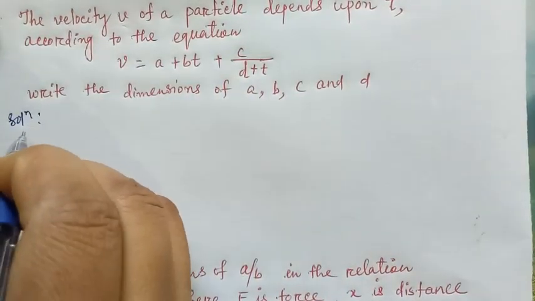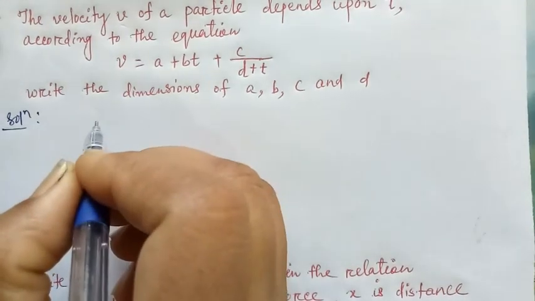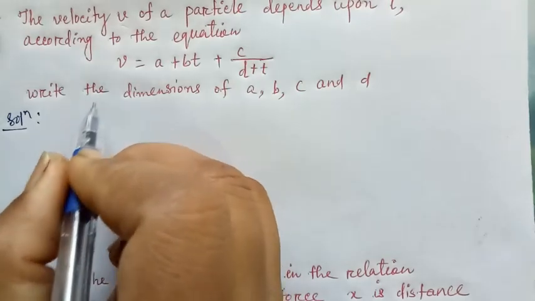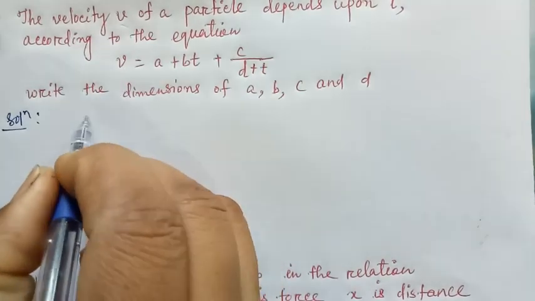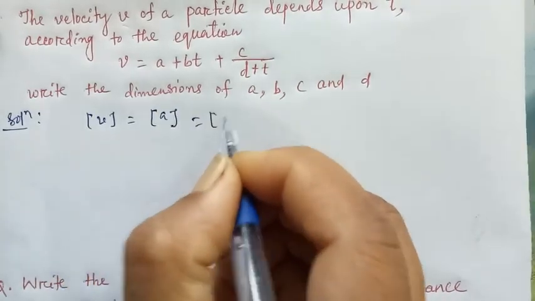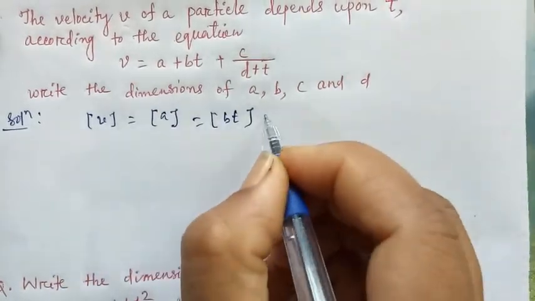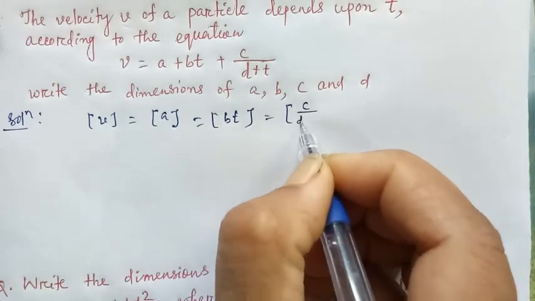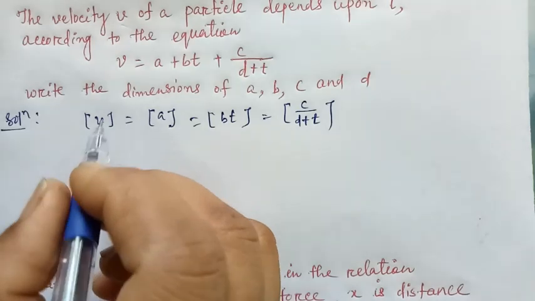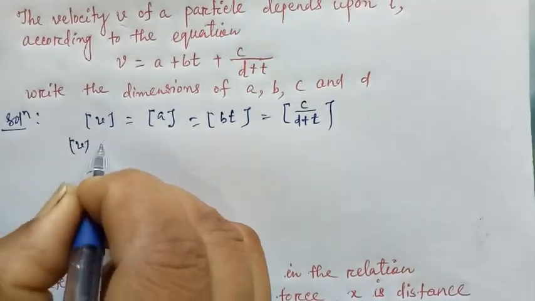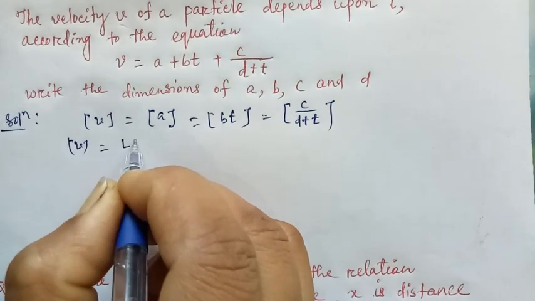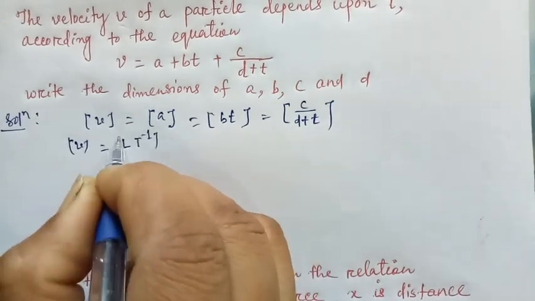We know that physical quantities having the same dimensions can be added or subtracted. So from this we can write: dimension of v is equal to dimension of a, is equal to dimension of bt, is equal to dimension of c/(d + t). v is velocity, and the dimension of velocity is displacement upon time, so its dimension is L T^-1.